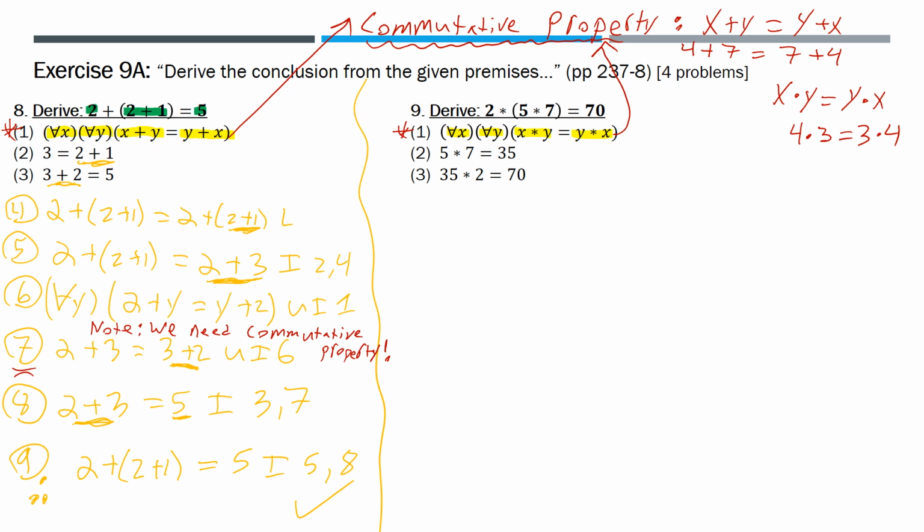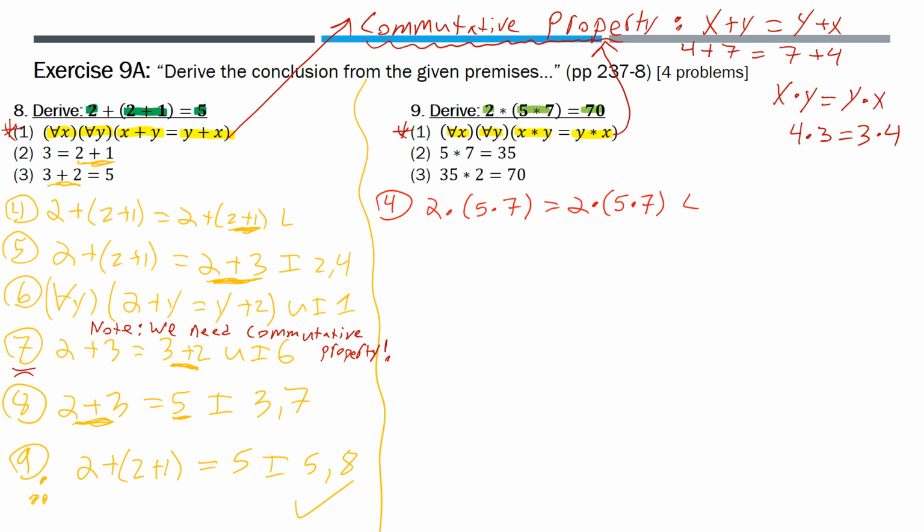For number 9, we want to derive 2 times the quantity 5 times 7 is equal to 70. So once again, we'll start out using the logical truth rule. We'll say that 2 times the quantity 5 times 7 is equal to 2 times the quantity 5 times 7.